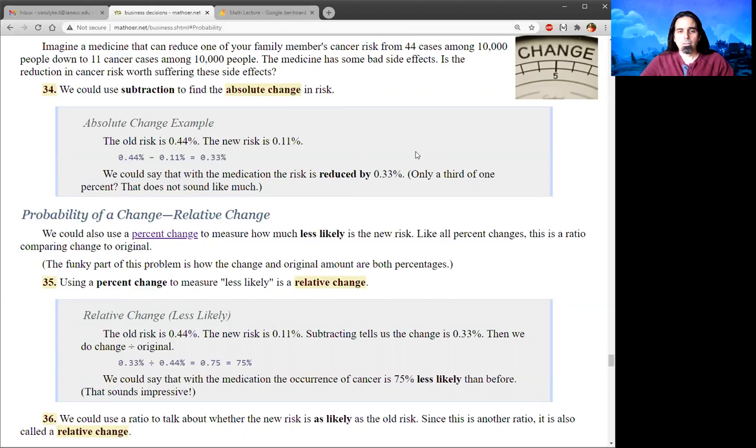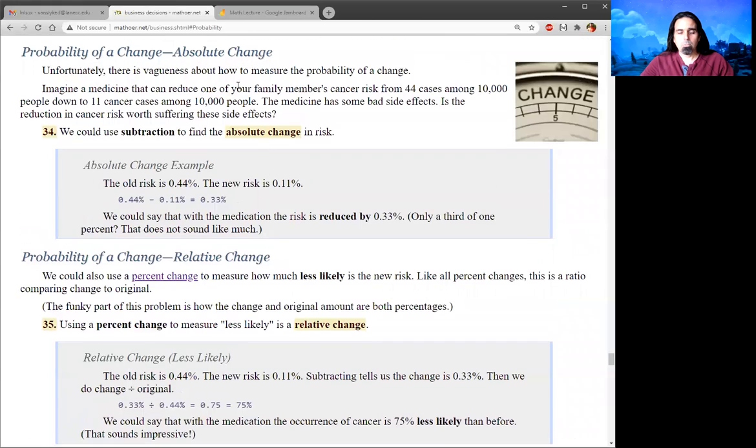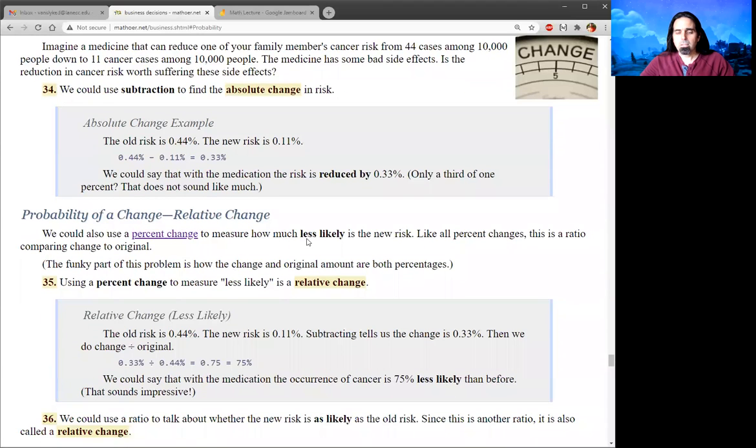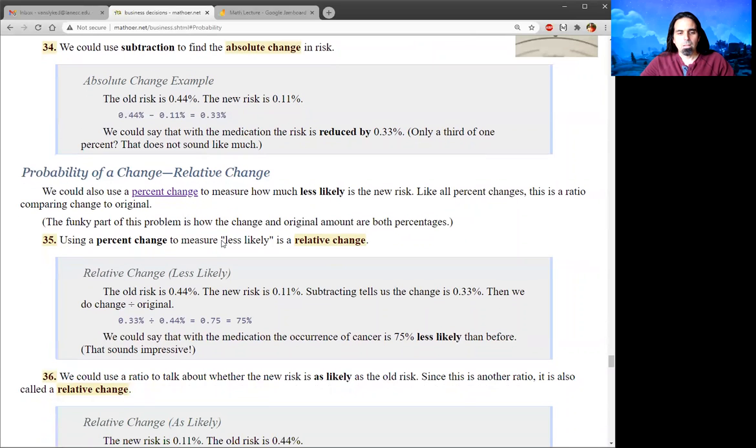The second definition is a relative change. So absolute change was first, now we're at relative change. Remember the old definition of a percent change, change divided by original. So that measures how much less likely our new risk is. So we take the percent change.